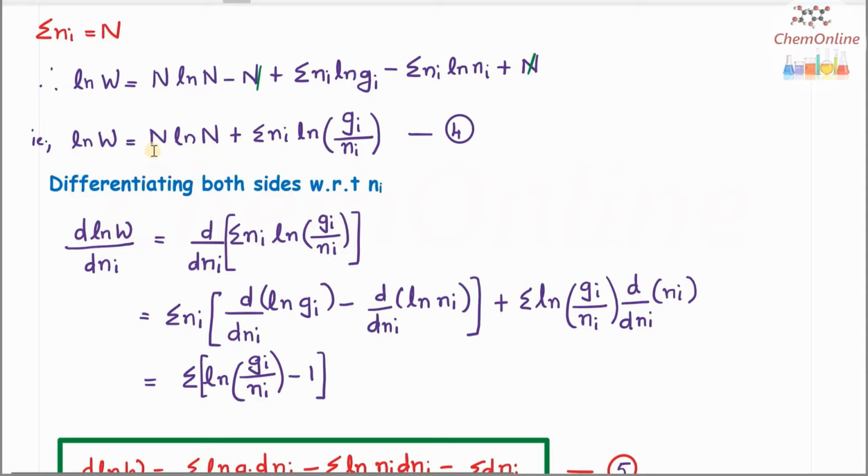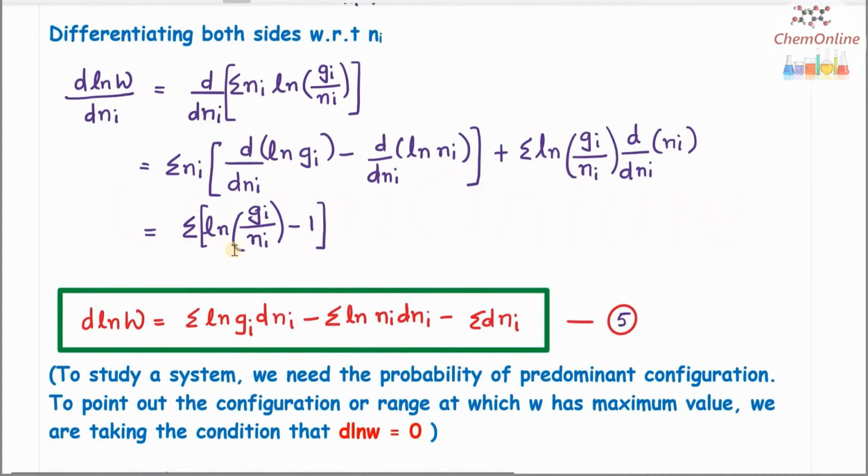So differential of this n will be 0. That's why we have not written the first term here. So d log W by dni will only be equal to d by dni of this second term, summation ni log Gi by ni. So differentiate and you will get summation log Gi by ni minus 1.